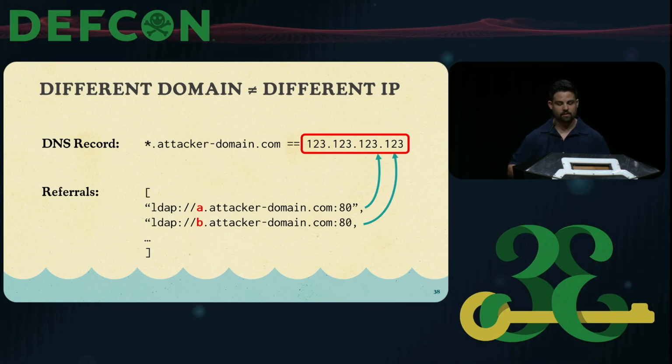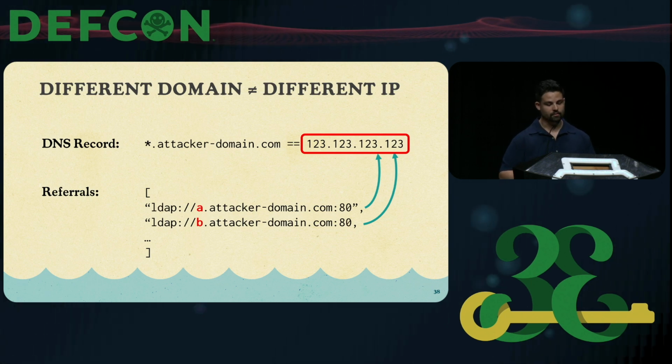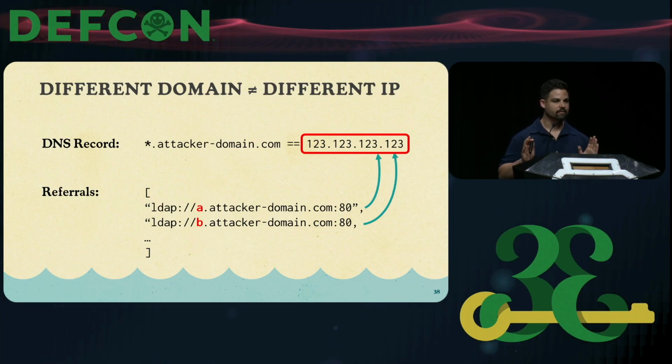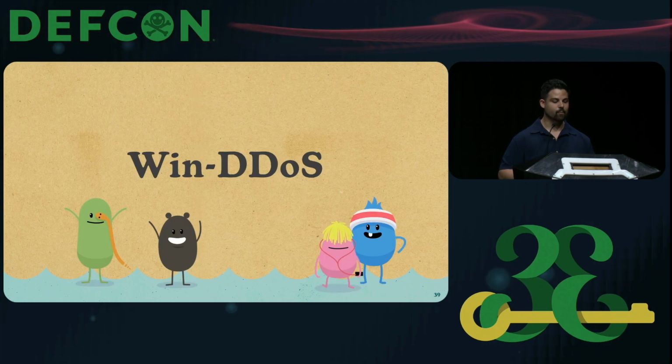So to exploit this logic, all that we needed to do is to configure one subdomain wildcard record in a domain that we own to lead to the victim's IP. This completed everything that we needed for our innovative DDoS attack that we named Win-DDoS.